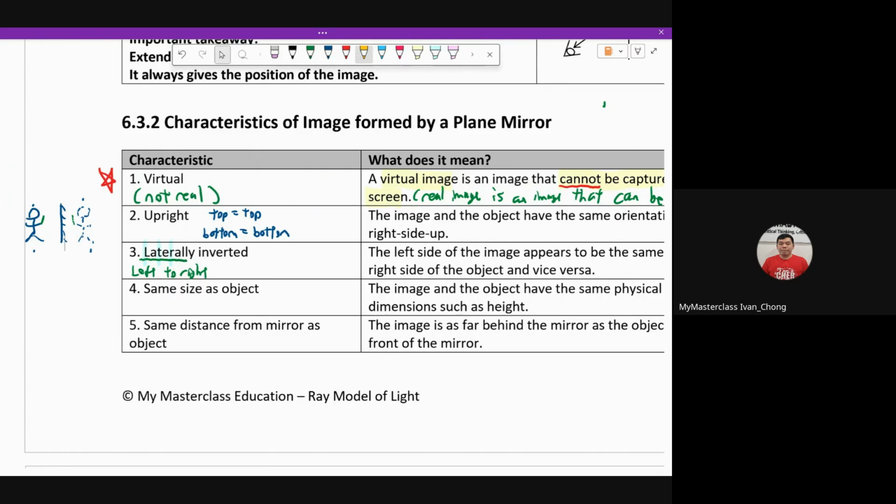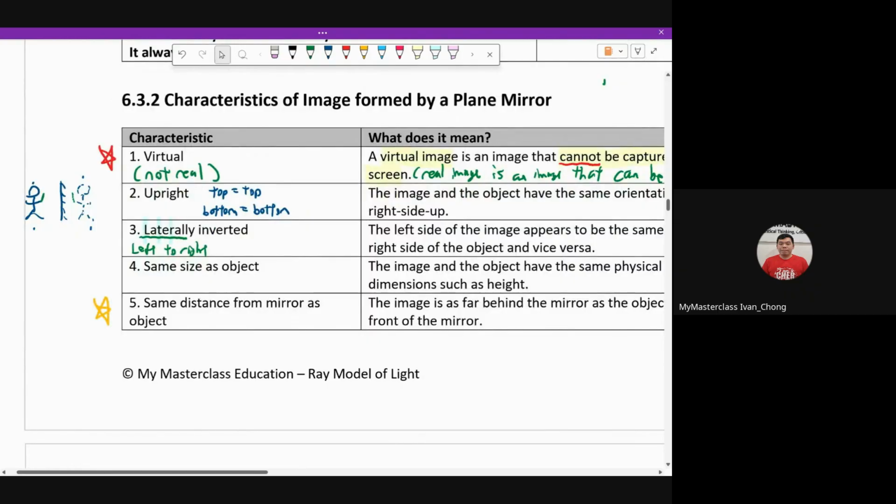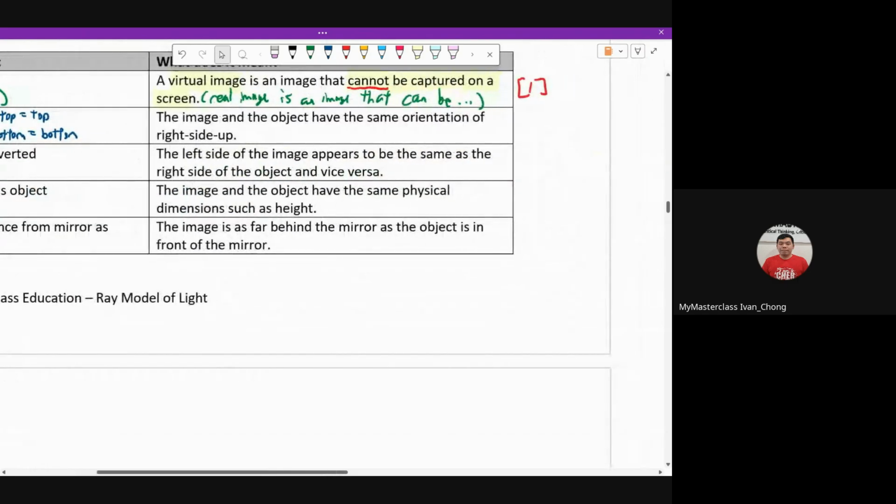Okay? And then last but not least, this is one of the proper characteristics that will actually allow us to remember or basically allow us to draw your mirror ray diagrams. So for example, if I have a mirror here, okay, normally if you see this line with a lot of slashes, this is what we call mirror. So your image, let's use this triangle as an image itself.